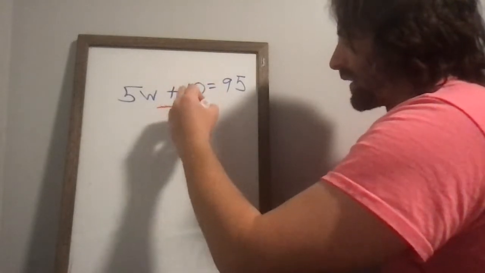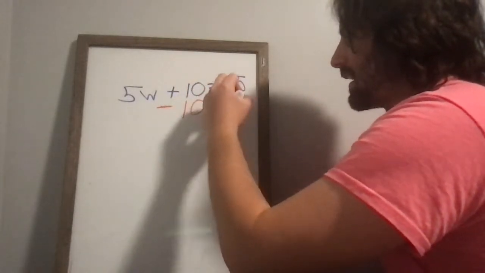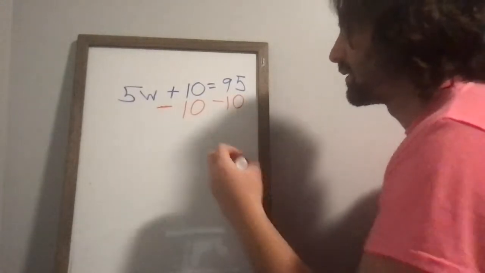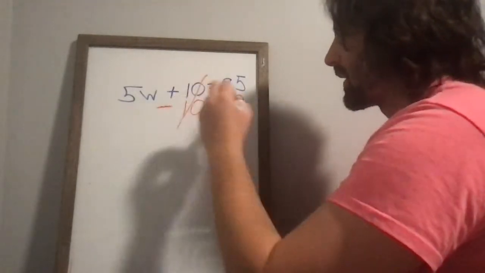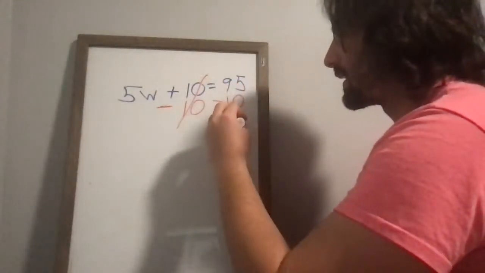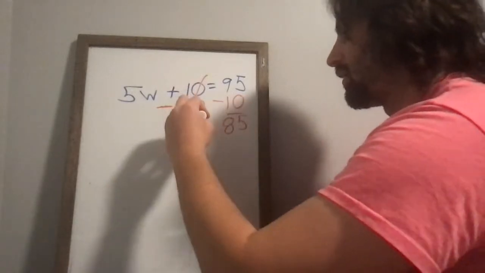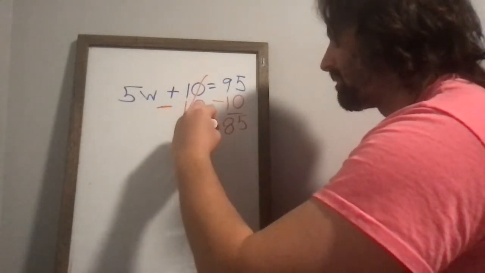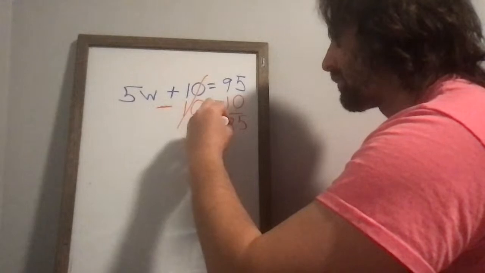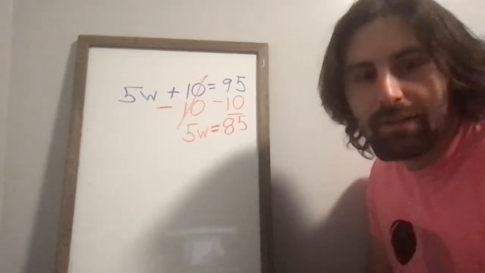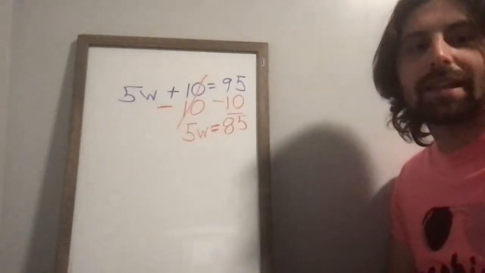So we got to subtract. We got to subtract 10 to get it on the other side of the equal sign. These cancel out. 95 minus 10 equals 85. So 5w equals 85. So step 1 is done. We have isolated the 5w. We have gotten the 5w by itself.